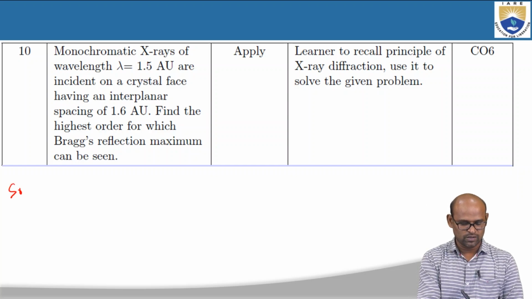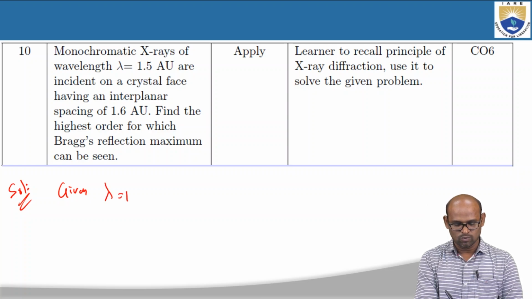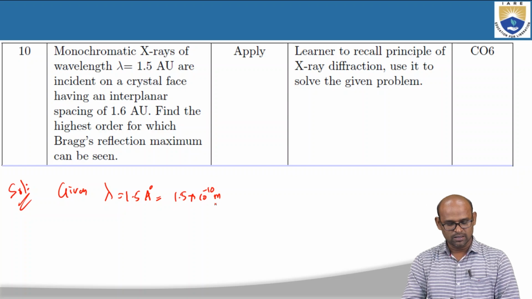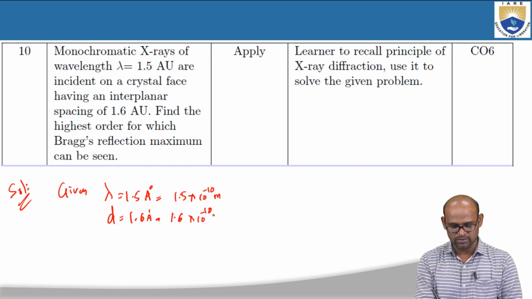So they have given us the wavelength 1.5 angstroms, which is 1.5 into 10 power minus 10 meters, and interplanar spacing d as 1.6 angstrom, so 1.6 into 10 power minus 10 meters.